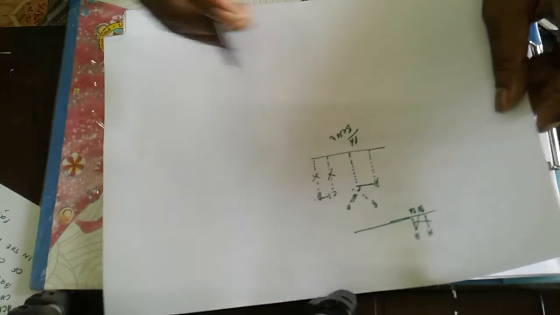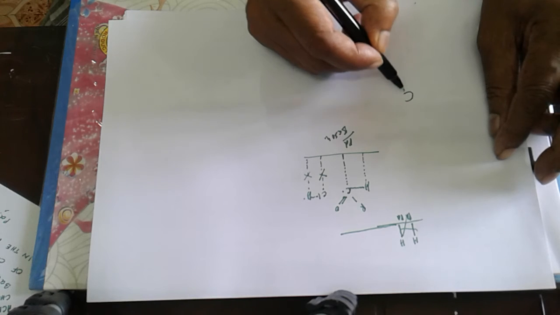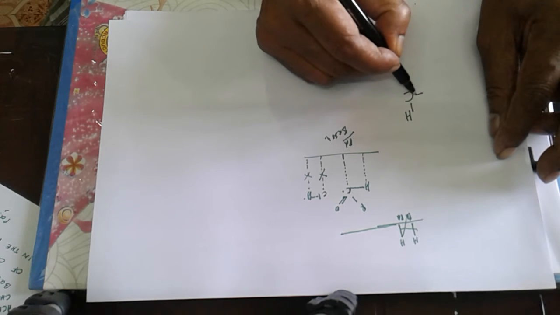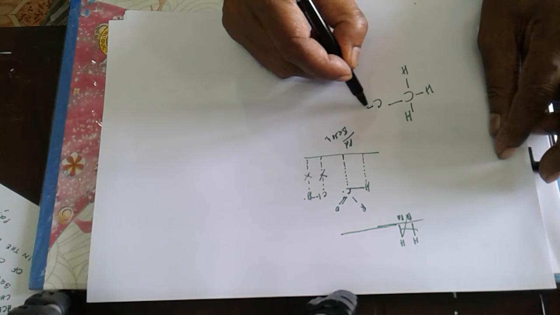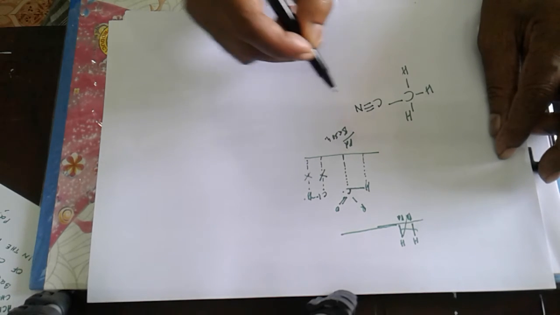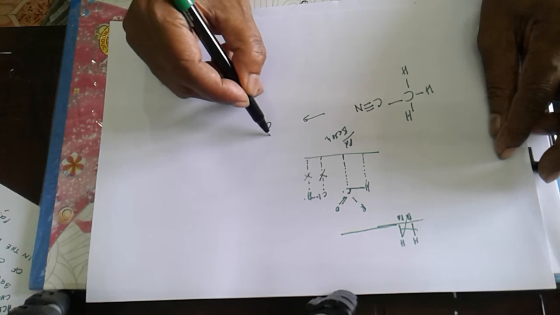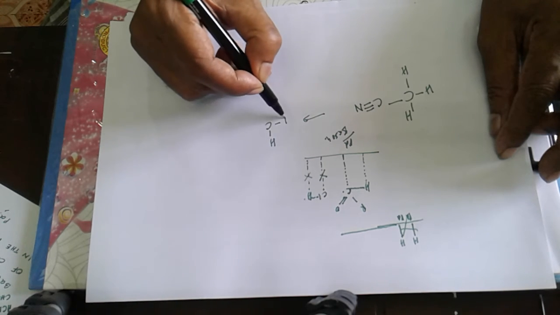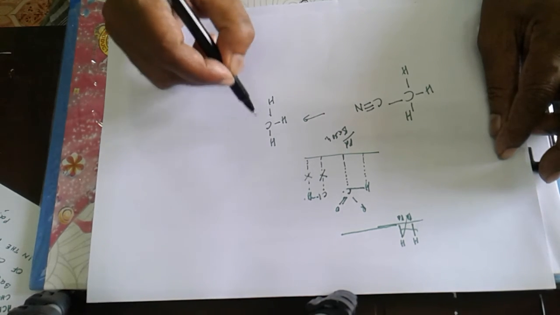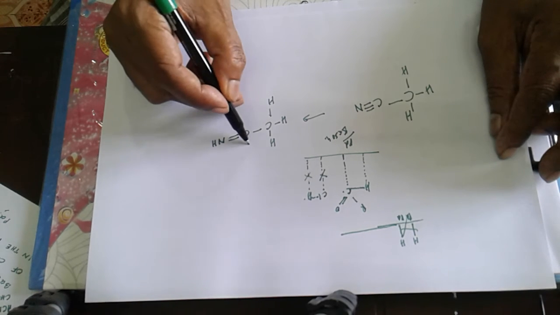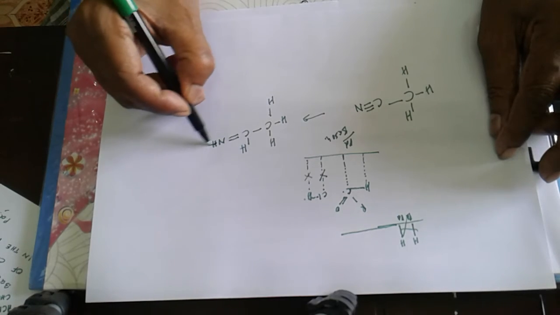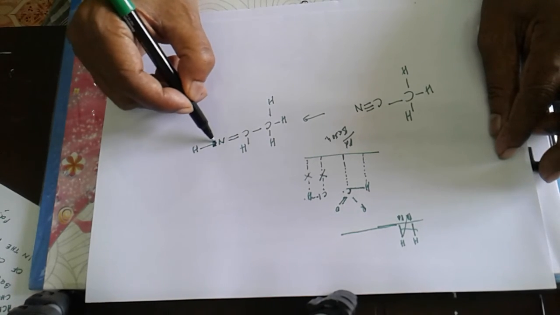Now suppose we take one example of a compound, say CH3CN. It is reduced to CH3-C double bond NH, with N-H, we can see.